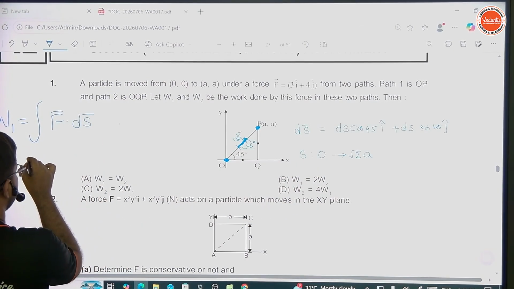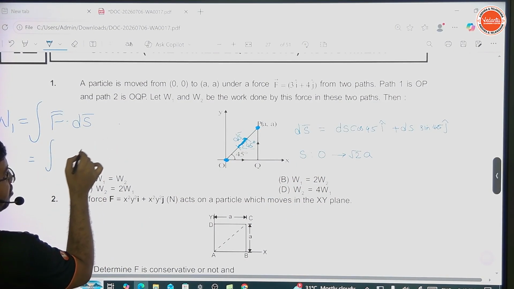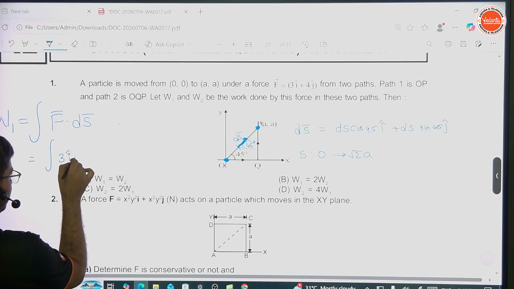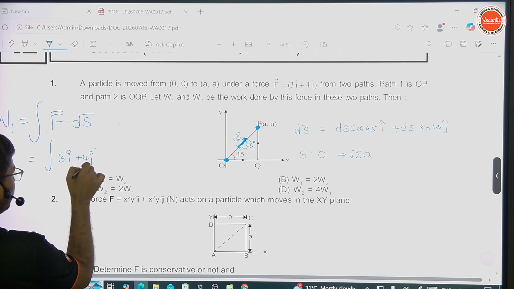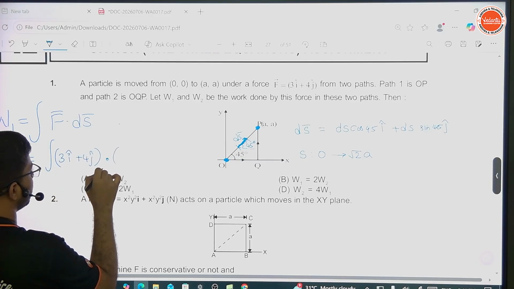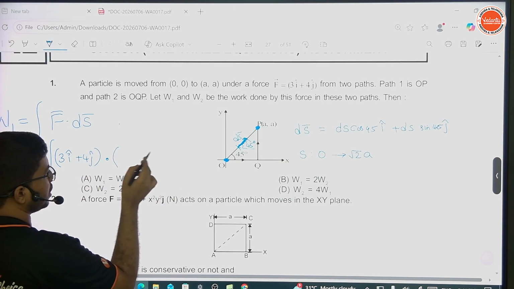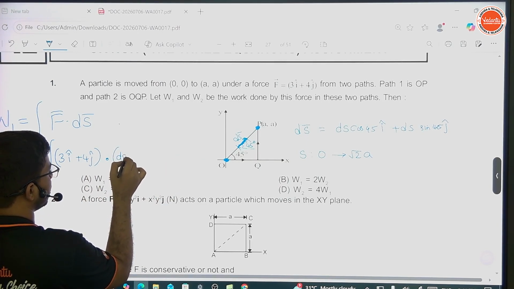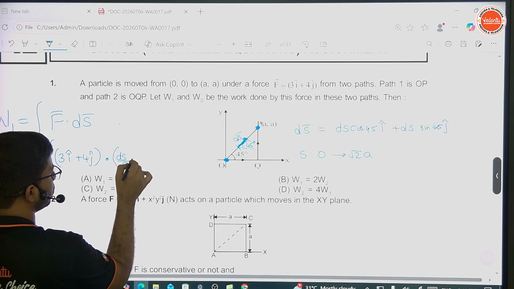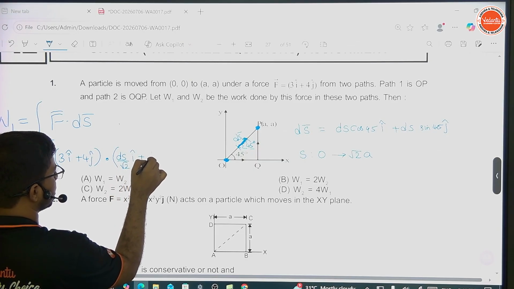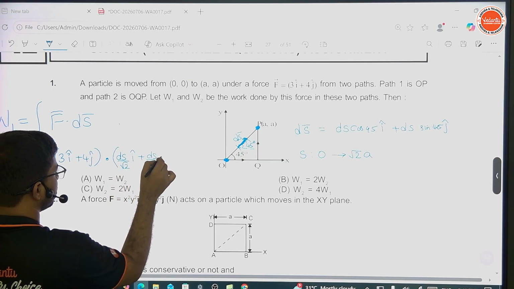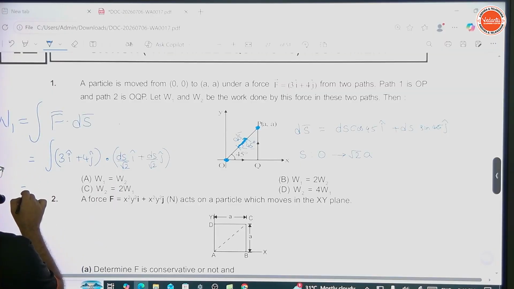Now, let us apply the same thing here. So, integral of f bar, which is given to you as 3i cap plus 4j cap, dot with ds bar. What is ds bar? Yes, that is ds by root 2 i cap plus ds by root 2 j cap, right? Tell me the calculation here.